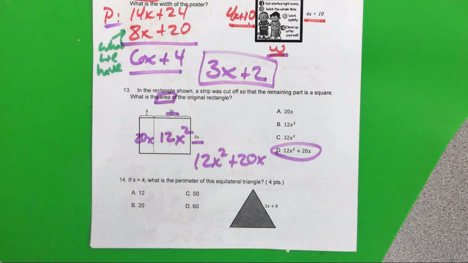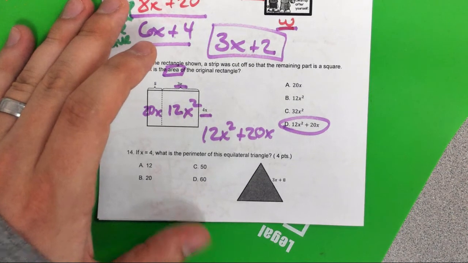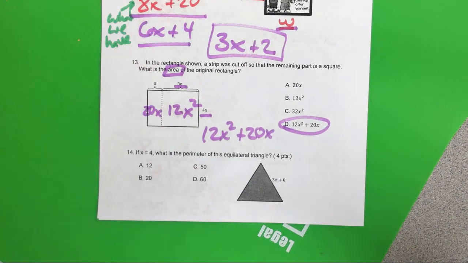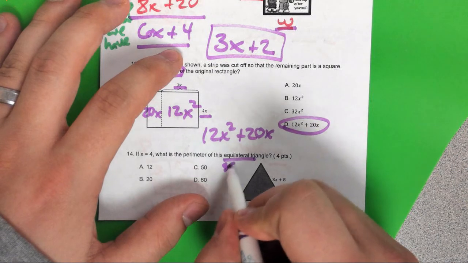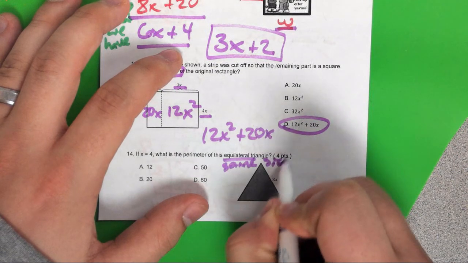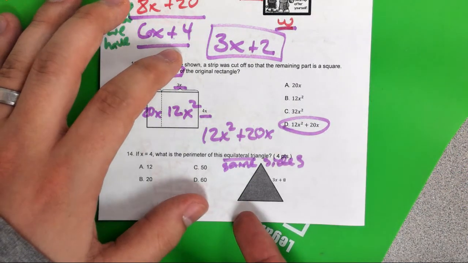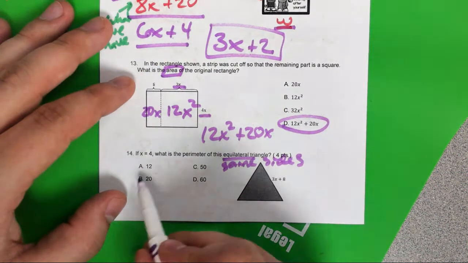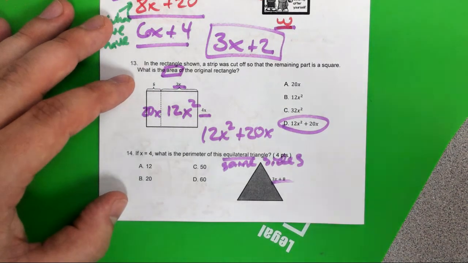It's right there. Now if you look at 14, it says if x equals 4, what is the perimeter of the equilateral triangle? A couple pieces to this. Equilateral means same sides, so all the sides are equivalent. They're all the same. Also, if you look at the answer choices, they're all just a number, while this is an expression. So we come back to the beginning.